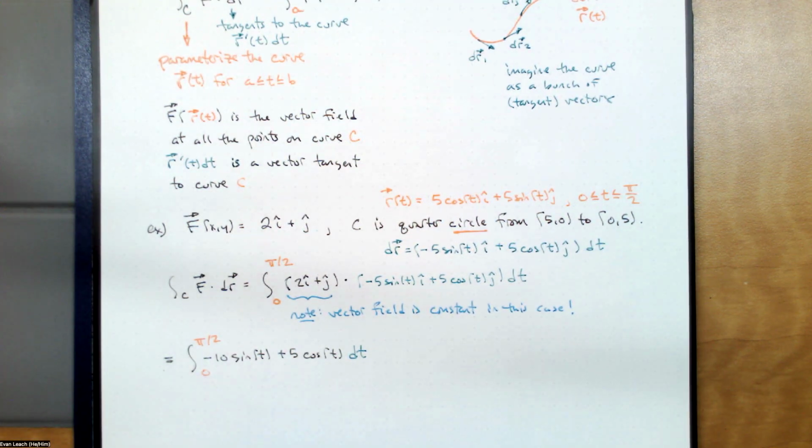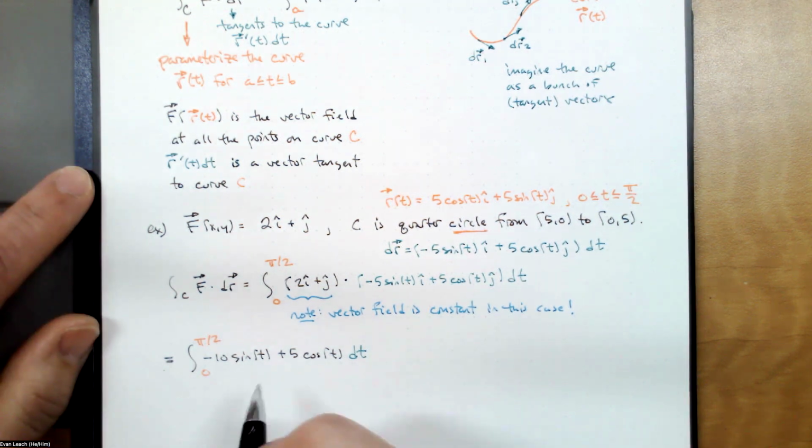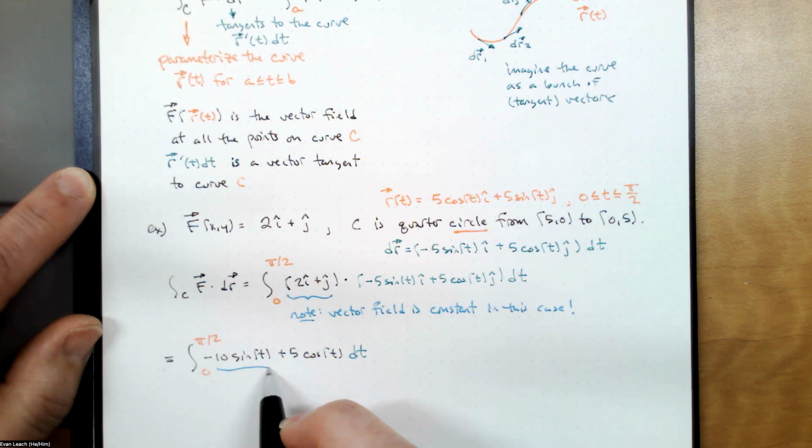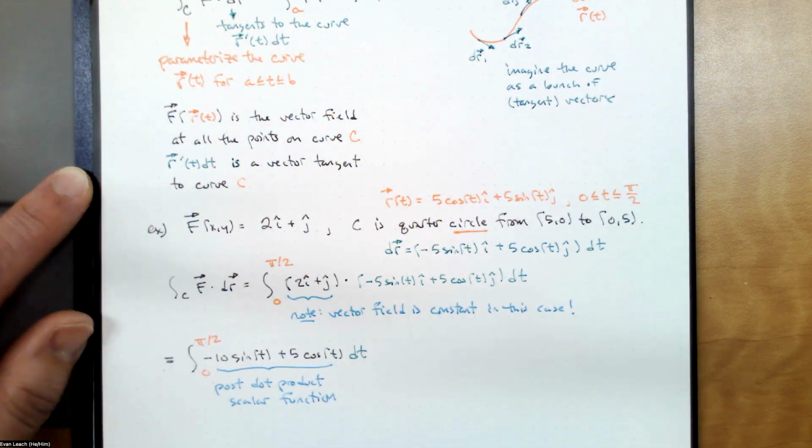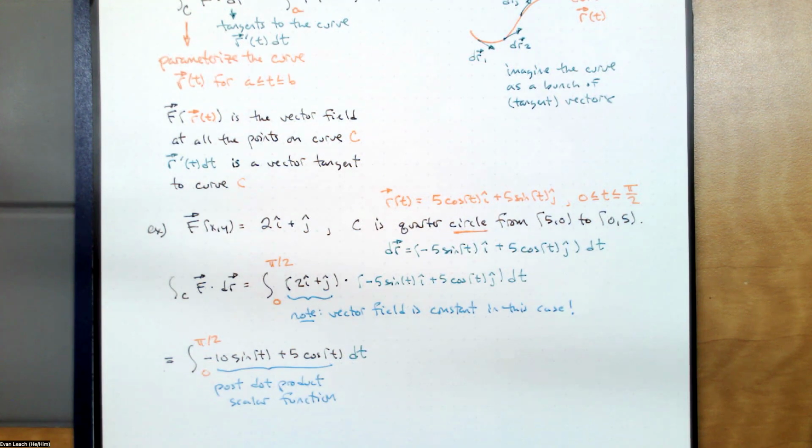Once we calculate the dot product, we're looking at a scalar function. There's our post dot product scalar function.